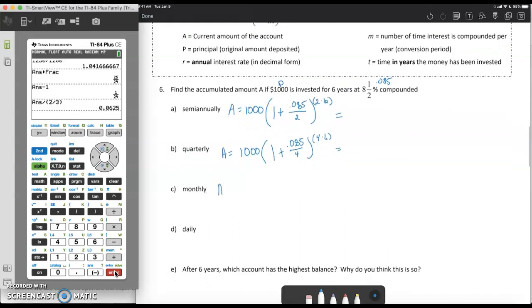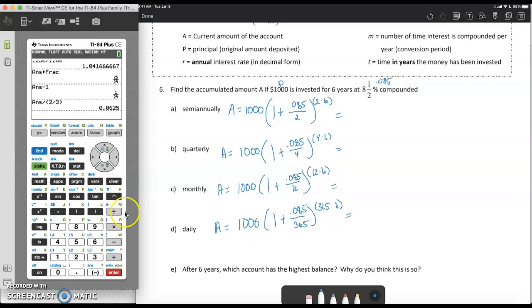If we were doing this monthly, we would have 1,000 times the quantity 1 plus 0.085 over 12 to the 12 times 6. And daily, 1,000 times the quantity 1 plus 0.085 over 365 to the 365 times 6 power.